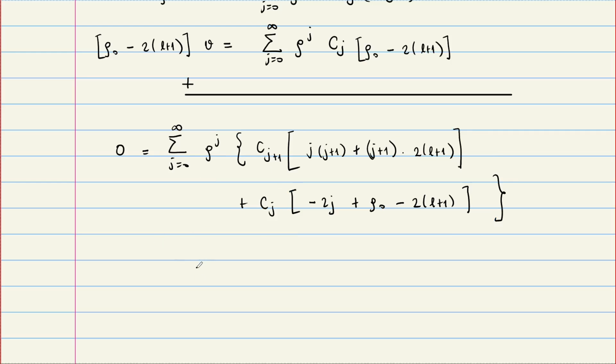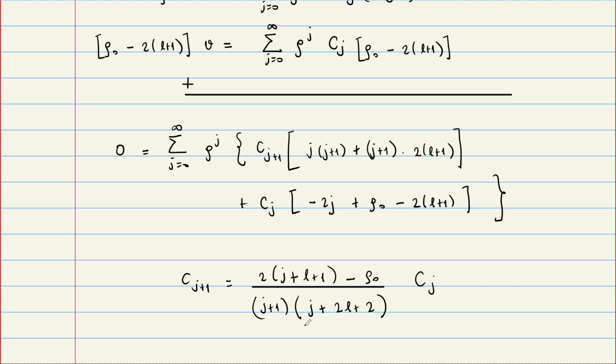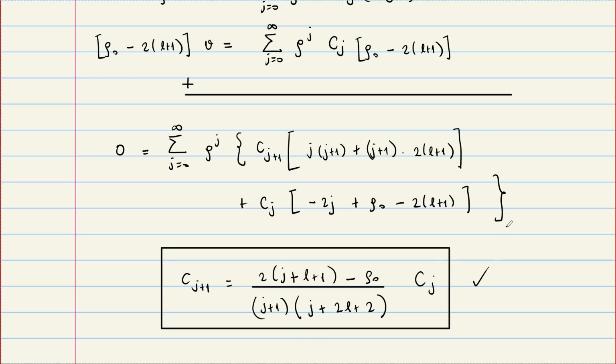From here we find a relation between Cj plus 1 and Cj, and this is going to be 2j plus l plus 1 minus rho 0, divided by j plus 1 times j plus 2l plus 2, times Cj. Check. Any questions?